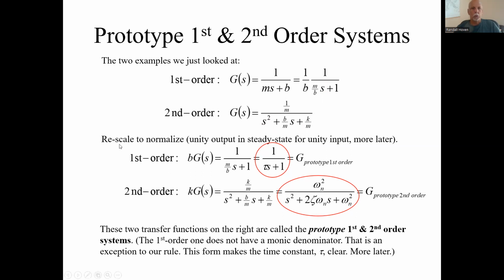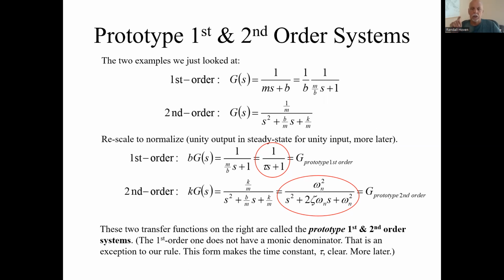If we just rescale them to normalize, and I'll talk about why we normalized them that way a little bit later, these are the transfer functions for the prototype first and second order system. Now there's multiple reasons we want to look at these.